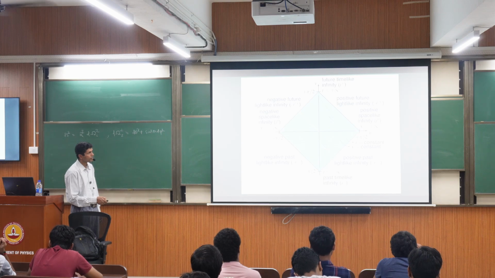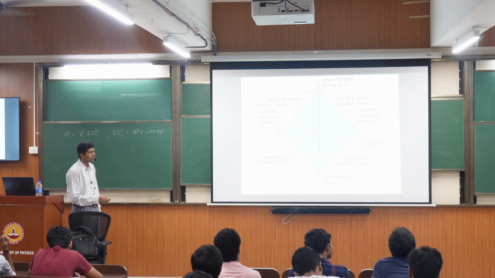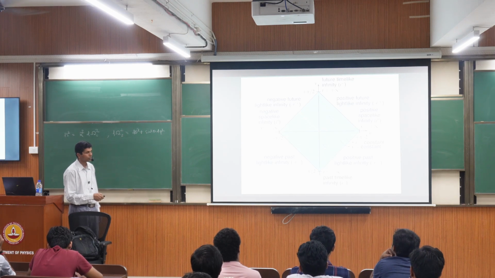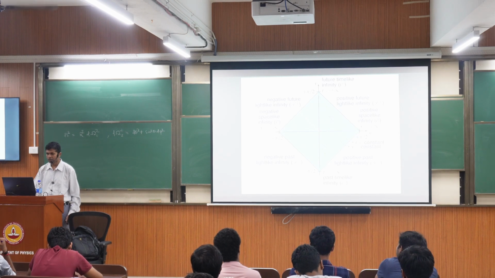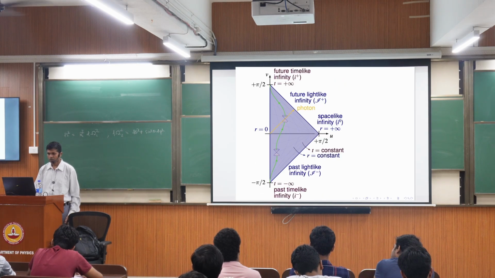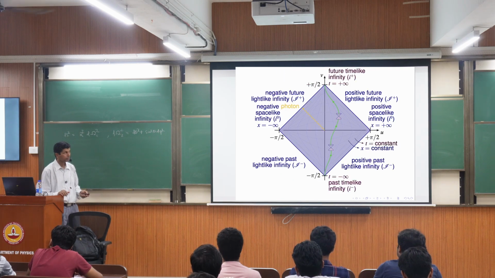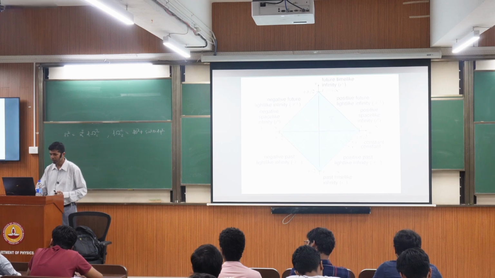On the other hand, spatial infinity is mapped to this point and this point here. So this is what is called a Penrose diagram, in 1 plus 1 dimension.